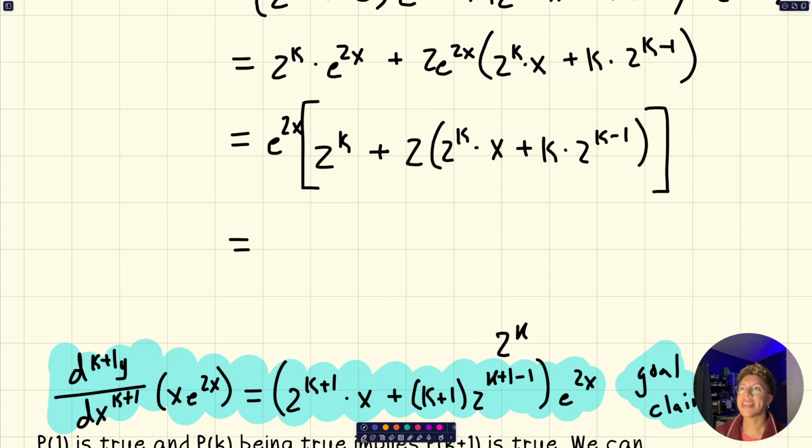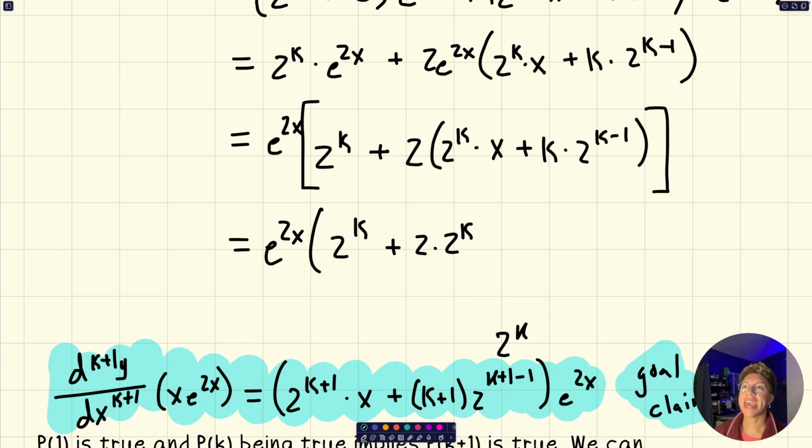We can say that if we multiply this 2 in, we get e to the 2x out front. We get 2 to the k plus 2 times 2 to the k. And, well, we'll do it in another step. Keep it as obvious as possible what we're trying to do.